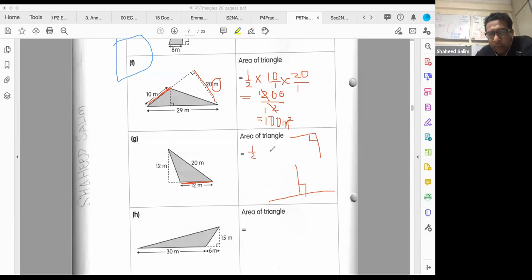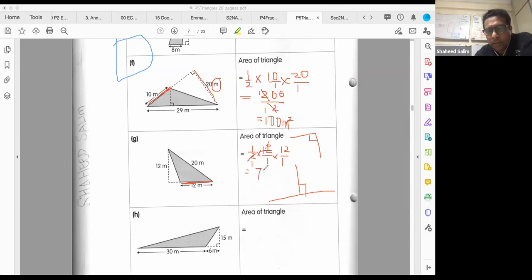Base is 12. Height is also 12. So you put half times 12 times 12. Then what do we do? We can reduce it, divide by 2, you get 1. Divide by 2, you get 6. 6 times 12. 6 times 12 is how much?